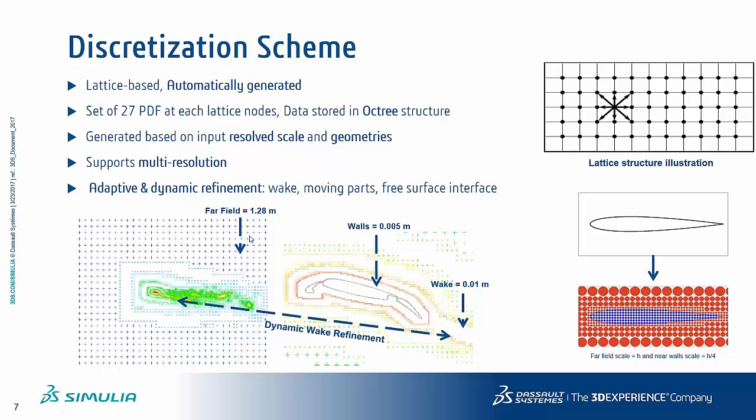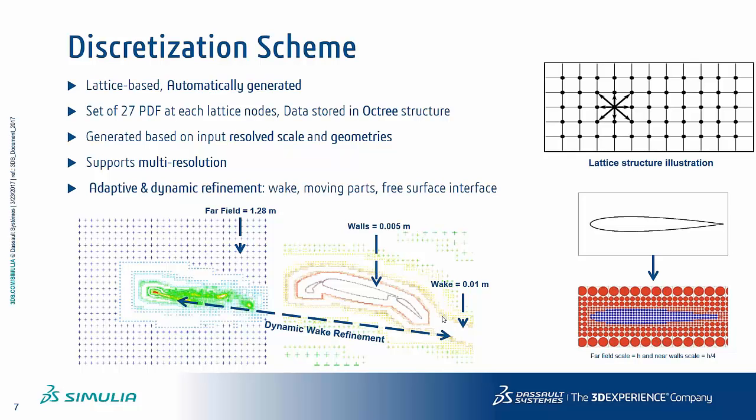And so this discretization scheme is very easy and allows you to generate, with an octree structure, very efficient refinement near the geometries, on the far field, or even on dynamic criteria such as wake refinement, with a spacing that you input yourself. For example, this wing profile here has been discretized with 5mm resolution near the wing, and then we just have to specify a far field resolution of 1.28 meters, and XFlow automatically generates the different lattice levels.